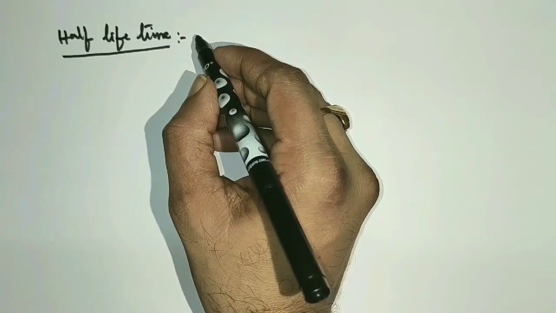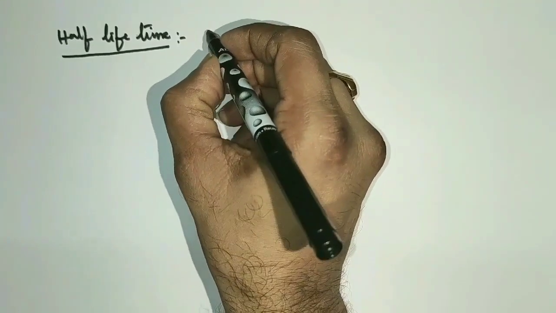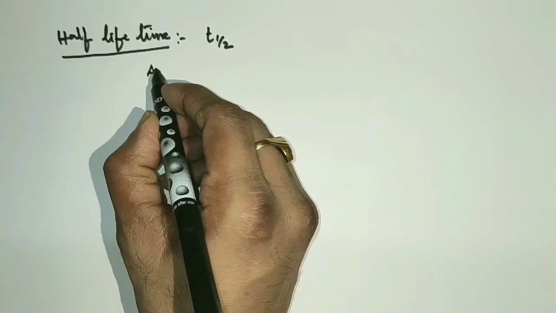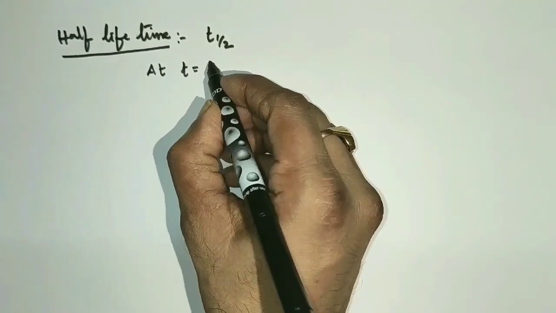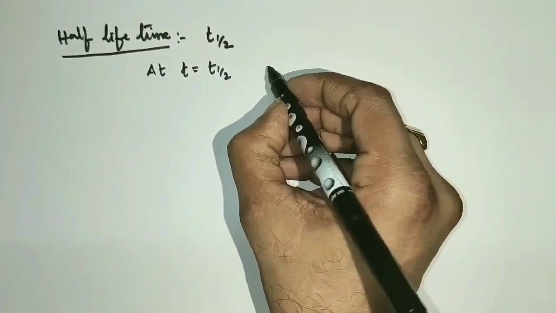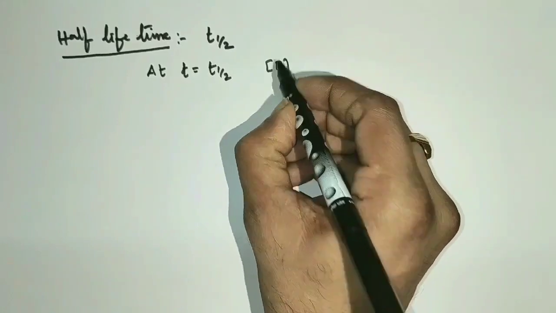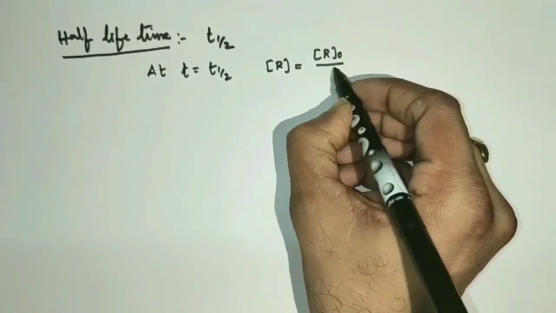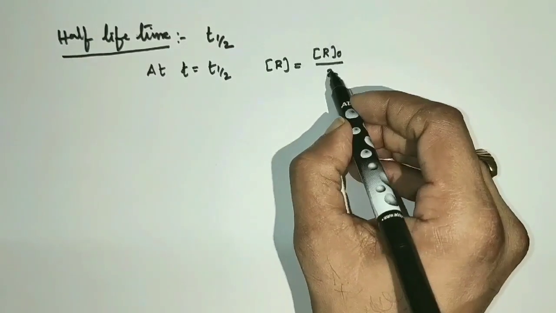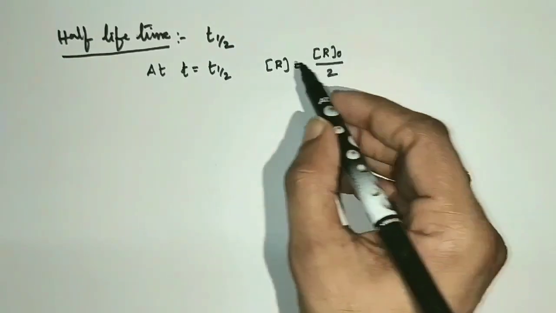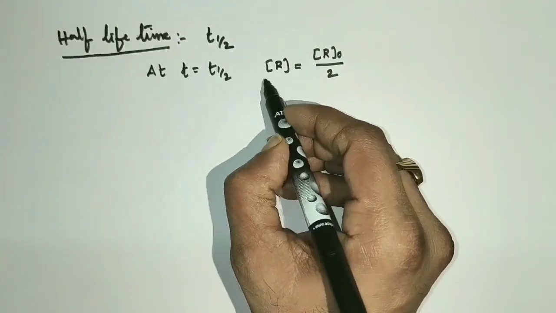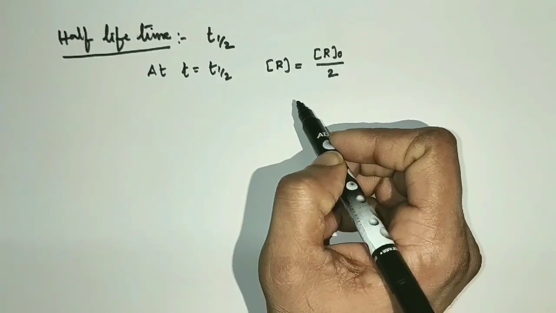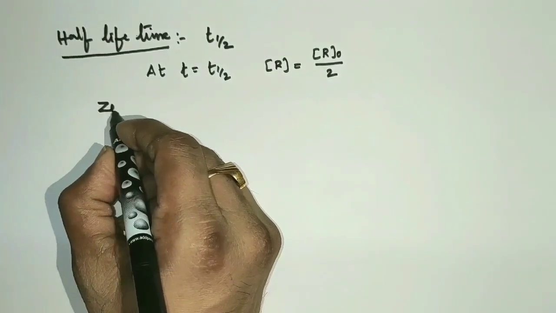Half-life time is represented by T half, and when time is equal to half-life time, it means the concentration of reactants remaining will be equal to initial concentration by 2, because already half of the initial concentration of reactants is converted into products. That's why the remaining concentration of reactants at that half-life time will be half of the initial concentration.